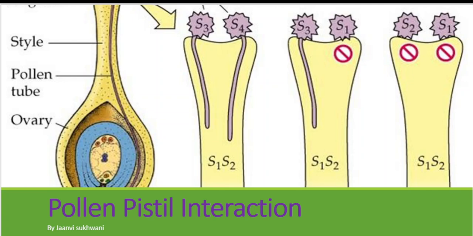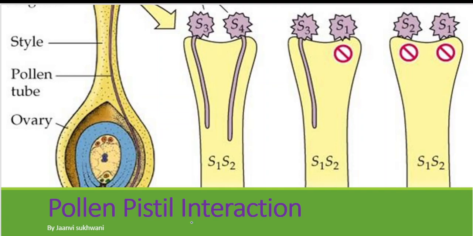The moment a pollinator brings the pollen grain from the anther to the stigma, or it lands on the stigma, the pollen-pistil interaction begins. This will go on until the pollen grain germinates, releases its pollen tube, and the pollen tube travels towards the egg.